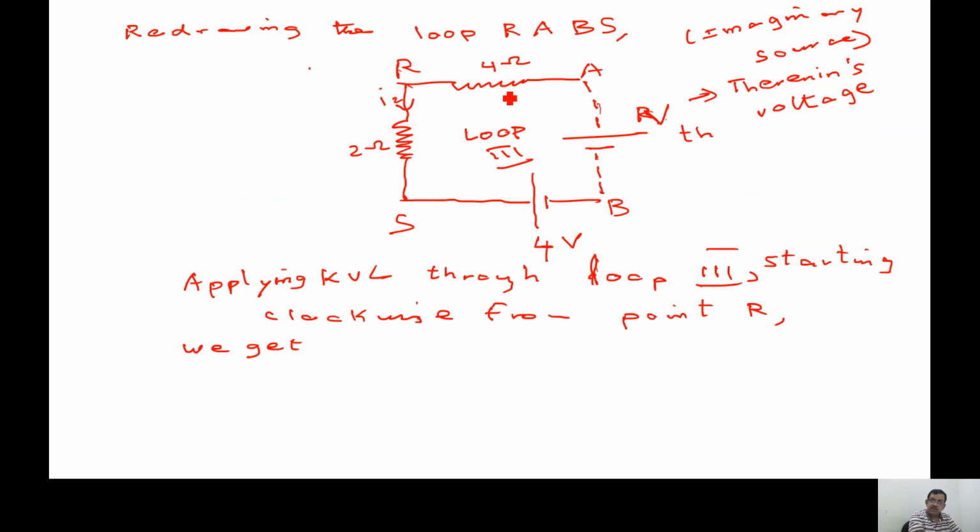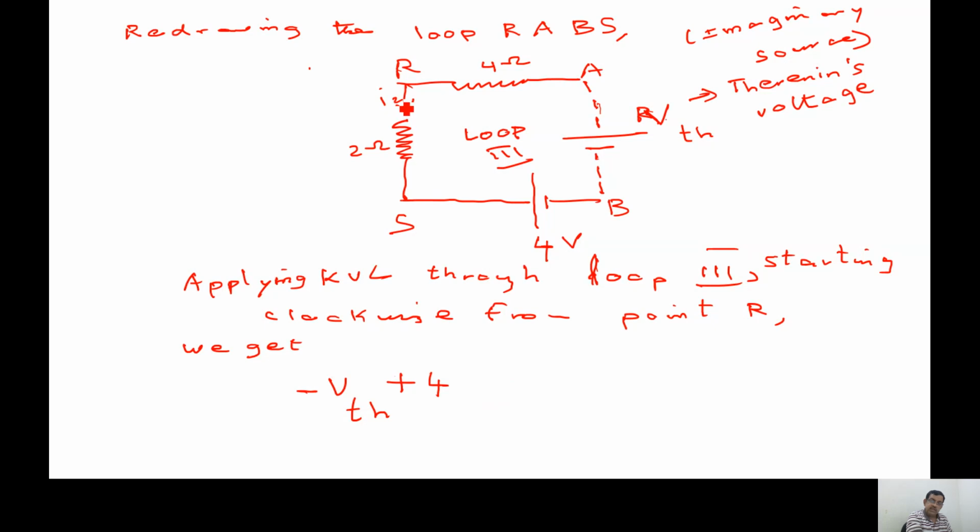But there is no current, so 0 into 4 will be 0. And then there is a VTH. Because this is a voltage rise, it becomes plus 4. Remember here again, I am going from positive to negative, which means there is a minus sign, plus 4, and then I go in the opposite direction of the current flow.